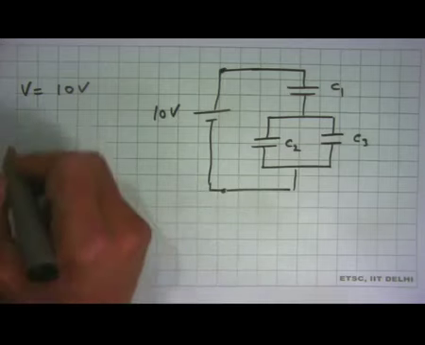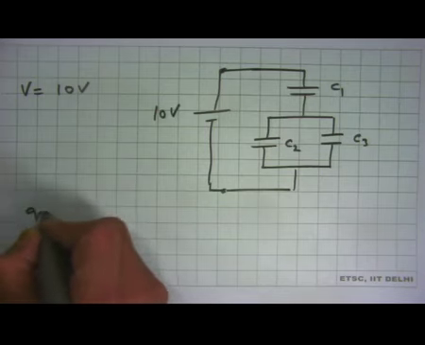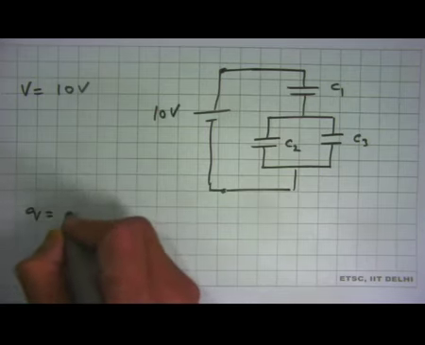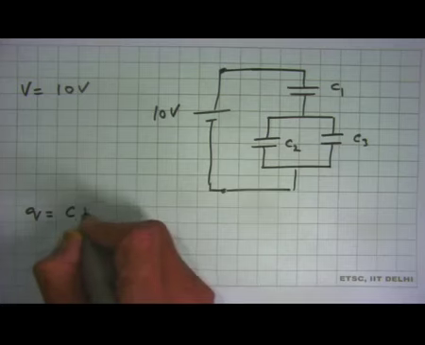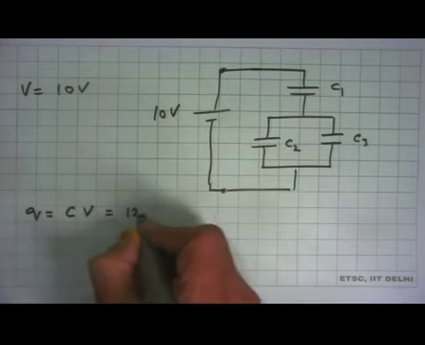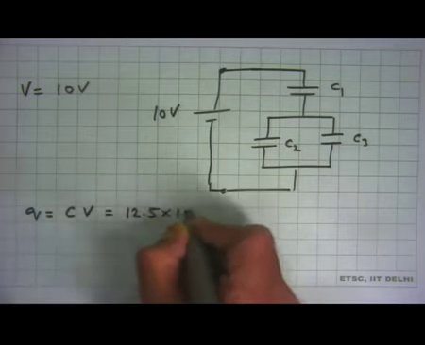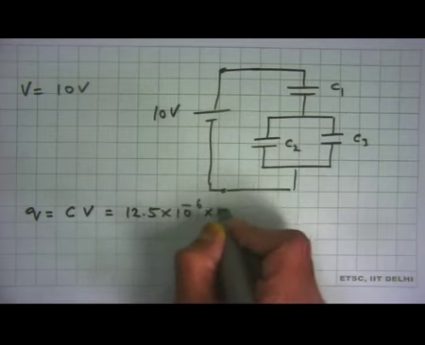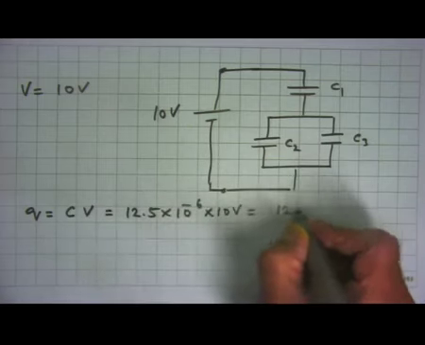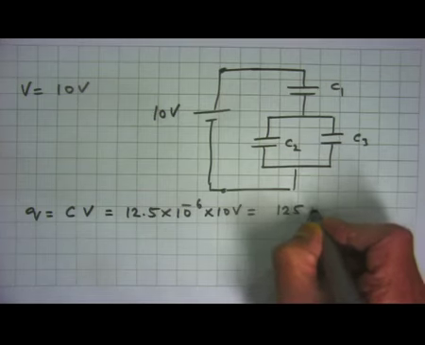So, what is the charge supplied by the battery? Q is equal to the net capacitance times the voltage, which is 12.5 microfarad times 10 volts, which is equal to 125 microcoulomb.